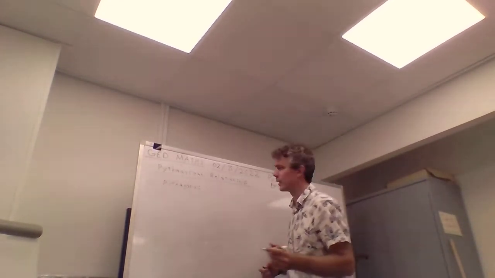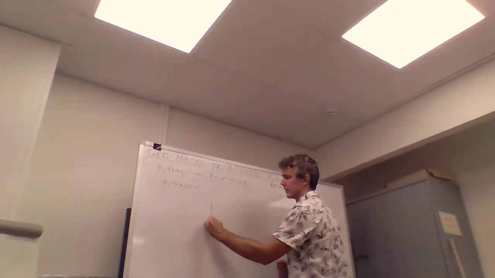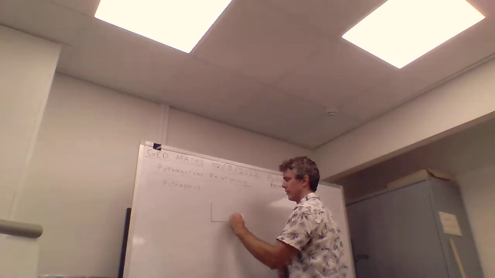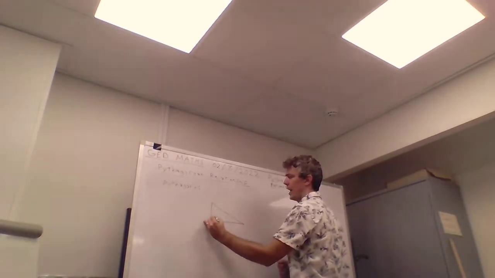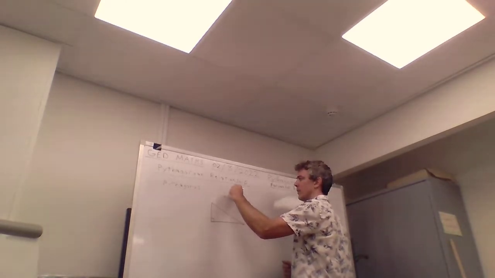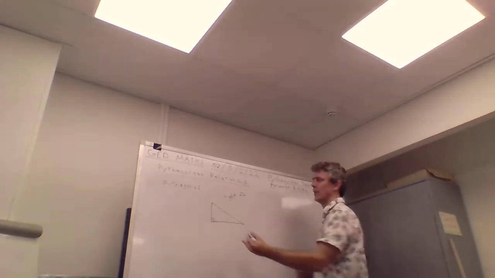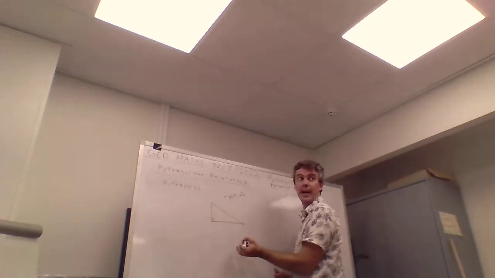Basically what it says is it's something relating to right triangles. So this is a right triangle, right? And what he says is there's a relationship between the sides.